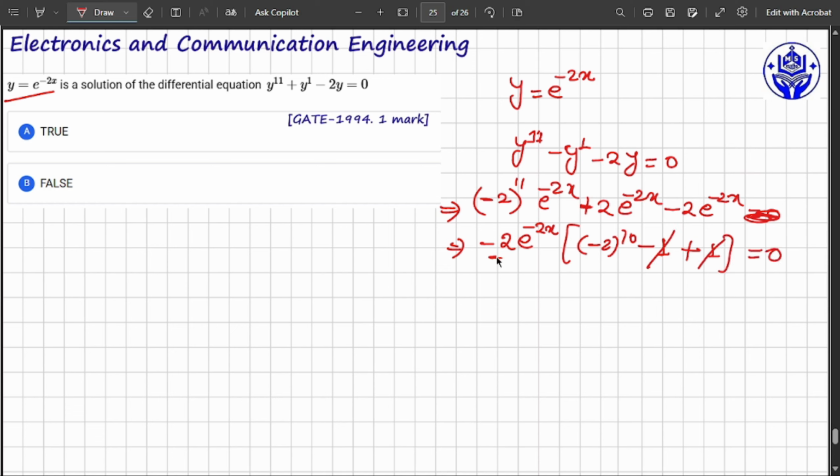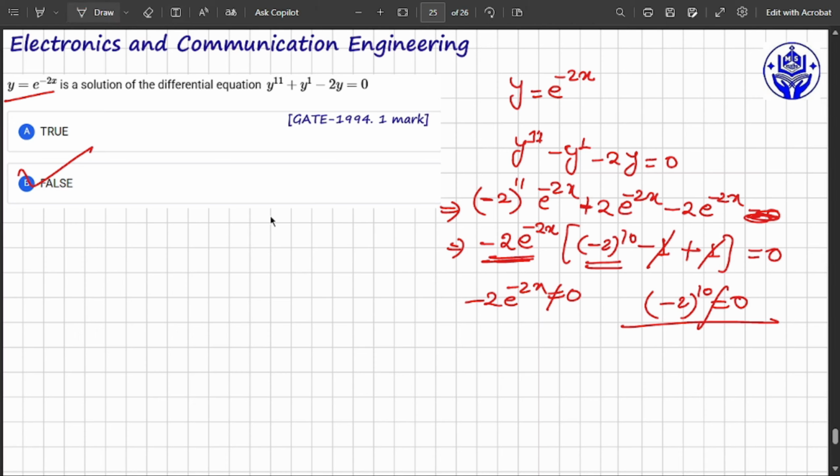So is (-2)^10 term equal to 0? Of course not. It is not satisfying, so it is not a solution of this differential equation.